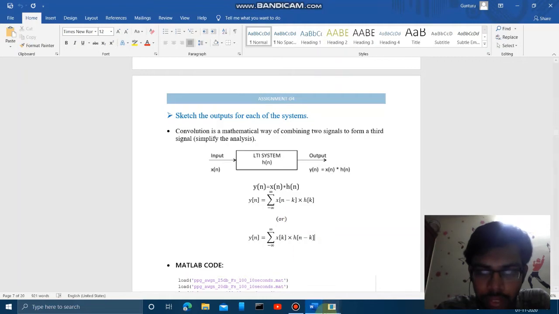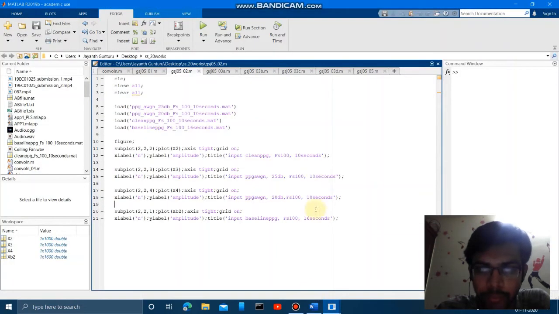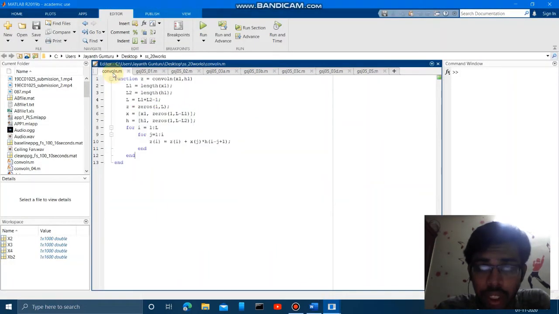If we open MATLAB, firstly I will discuss the convolution function. Here I first declared a function z equals convolution of x of n comma h of n. Let L1 and L2 be the corresponding lengths of the signals. After convolution, the length of the output is defined as L equal to L1 plus L2 minus 1.